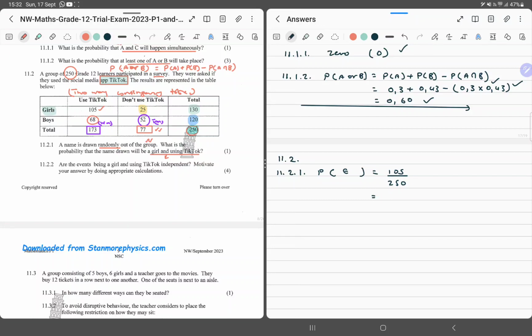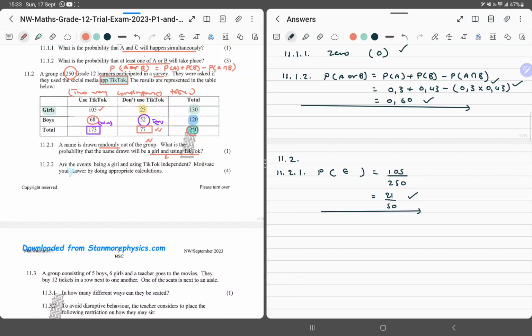You can simplify this or leave it like that. 105 divided by 250 is 21 over 50. Again, you can leave this as a fraction, a decimal or a percentage, it's up to you.